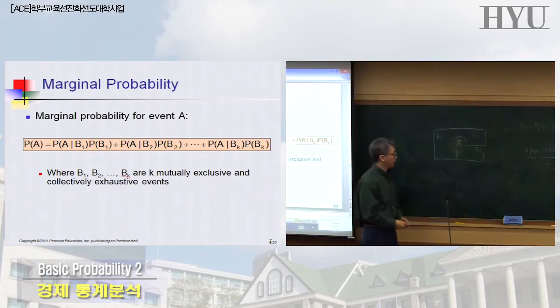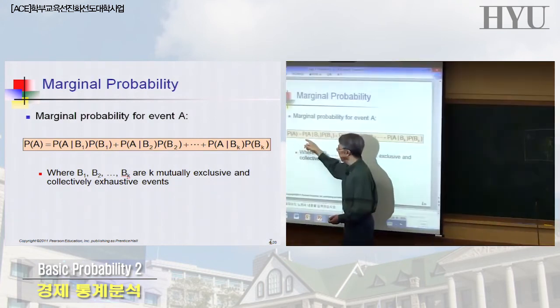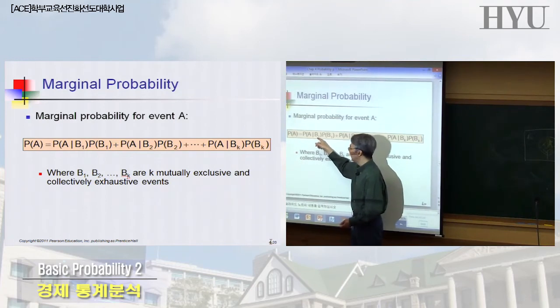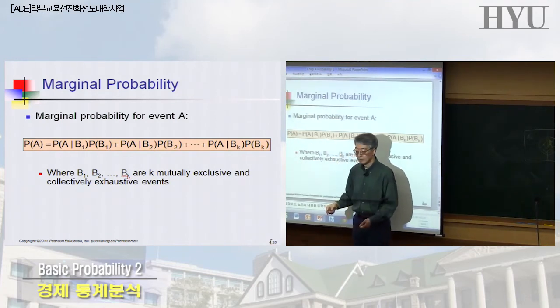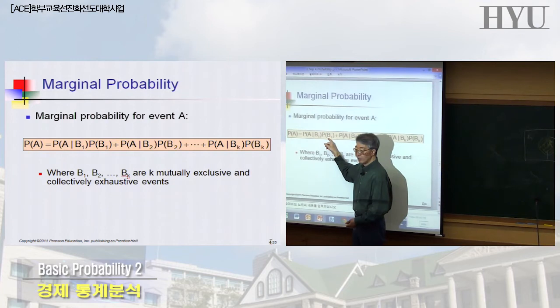Then the total probability of A is the conditional probability of A given B1 times P(B1). But remember, this is conditional probability times marginal probability. That's a joint probability.